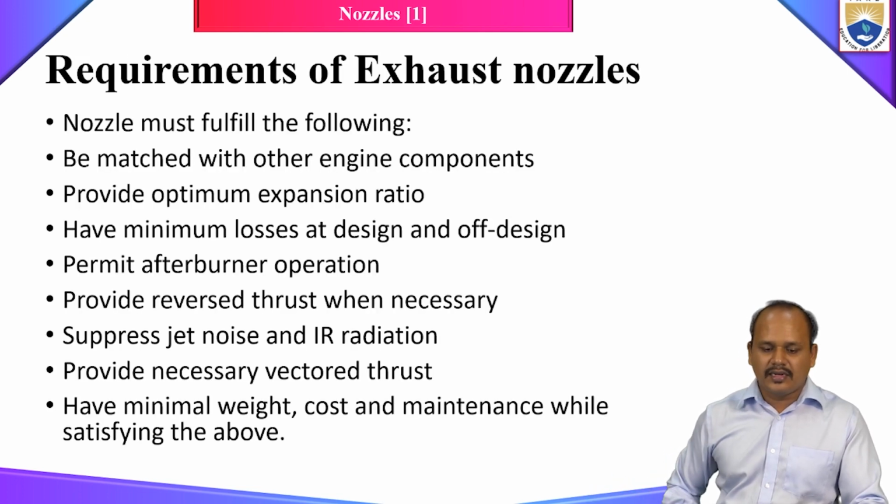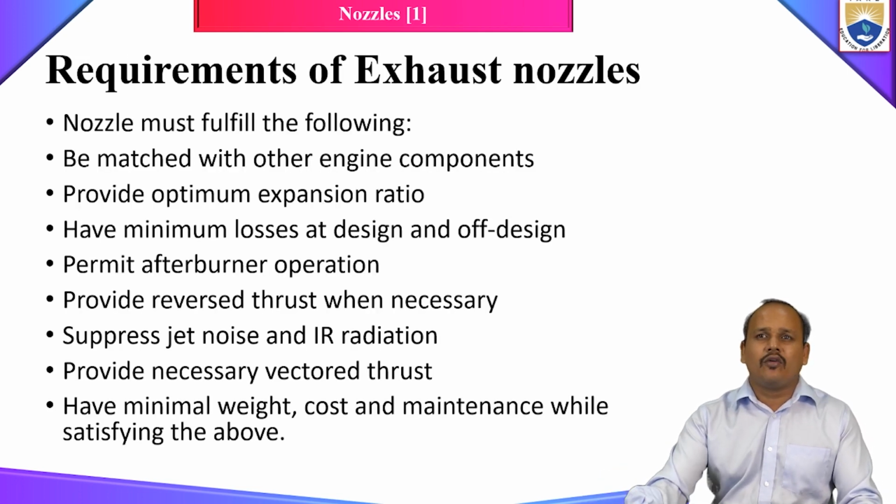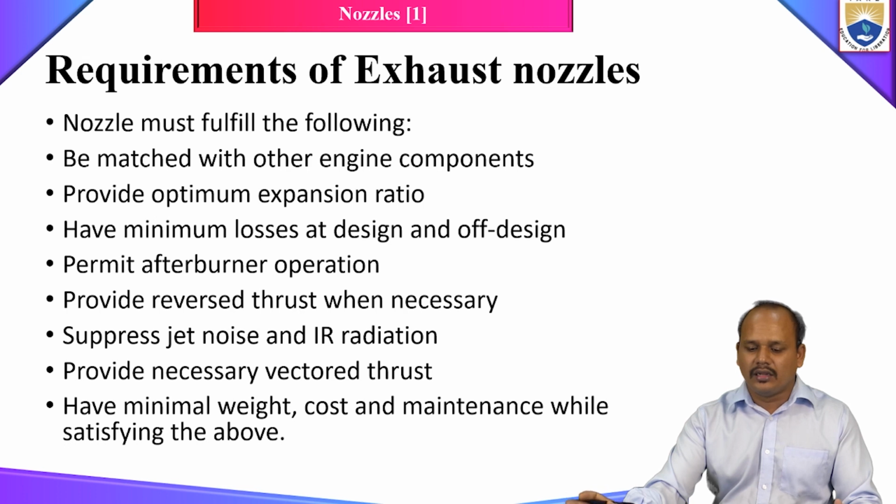First, let us start with the basic requirements of an exhaust nozzle. We know that the nozzle is to produce the thrust in case of our engines. Even though it has to produce thrust, it has certain requirements which it has to satisfy. The first one is that it should be matched with the other components of your engine.